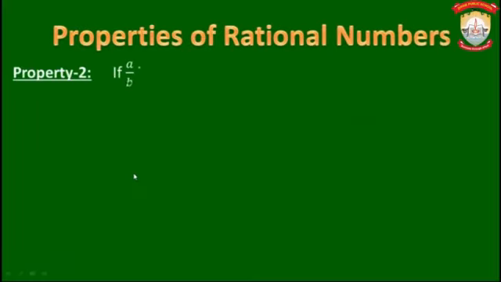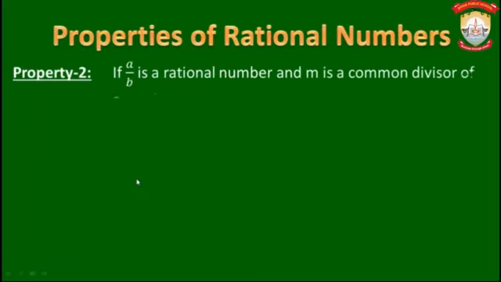Property 2 states that if a/b is a rational number and m is a common divisor of a and b, then a/b is equal to (a ÷ m)/(b ÷ m). This property is also similar to the first property. In this property, if the numerator and denominator of a rational number are divided by a common divisor, then the value of the rational number remains the same.